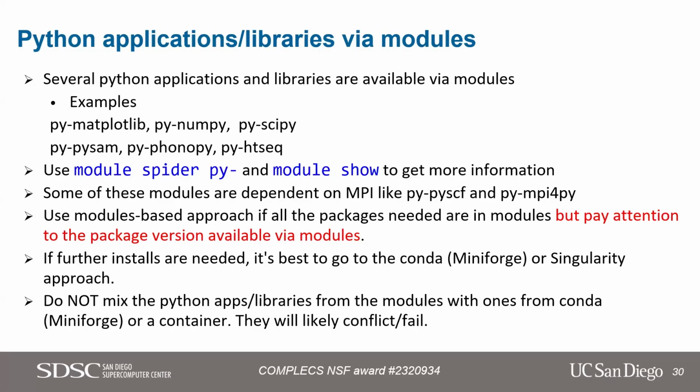To get which Python applications and libraries are installed system-wide, you can run the module spider py dash command, and then once loaded, you can run the module show command to get more information about the Python libraries.